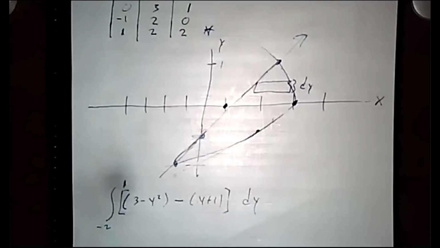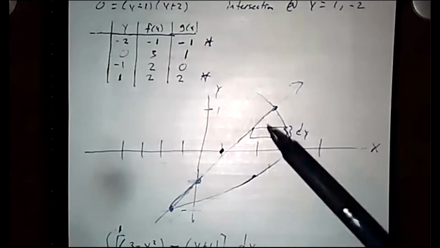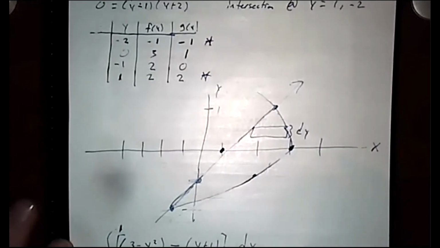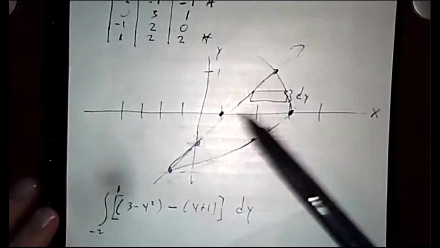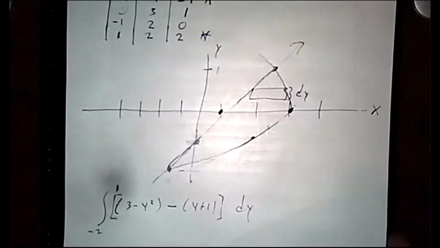So once you have the intersections and you know what's on the right and the left, you can pretty much create the integral, right? So right side minus left side from -2 to 1 using these guys. So the picture doesn't have to be perfect, but it helps a lot to have it.